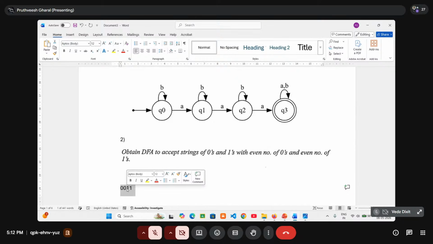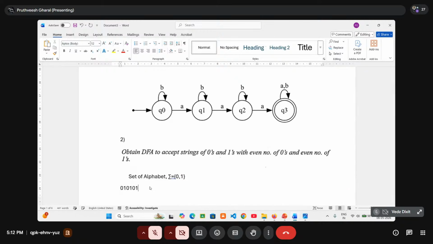So it can be a string like this where we know that there are an even number of zeros and an even number of ones, or it can be a string like this as well, where there are again an even number of zeros, but they are not sequentially aligned. I hope all of you are getting this.